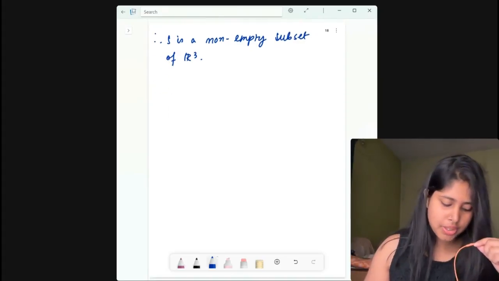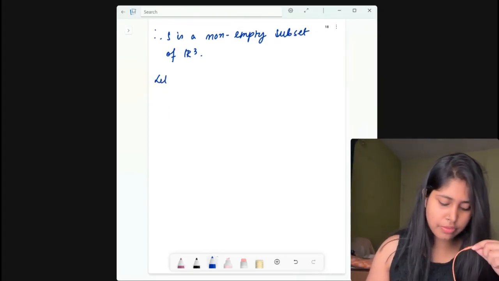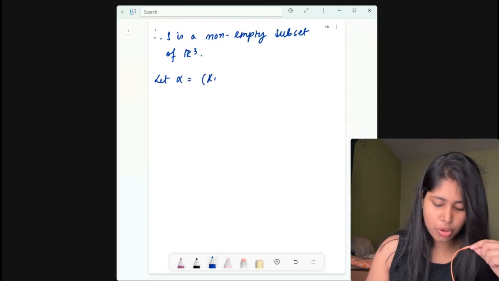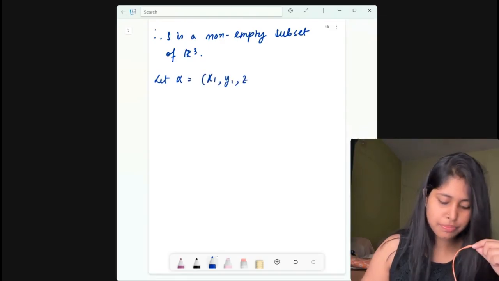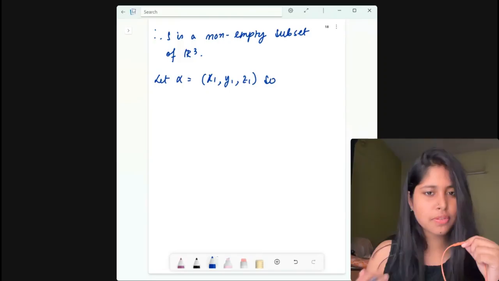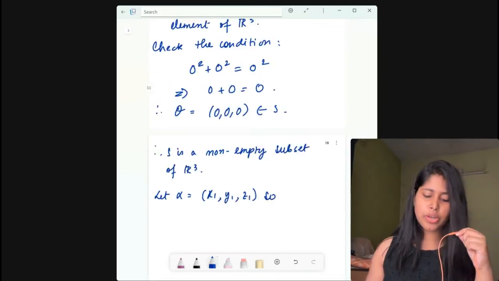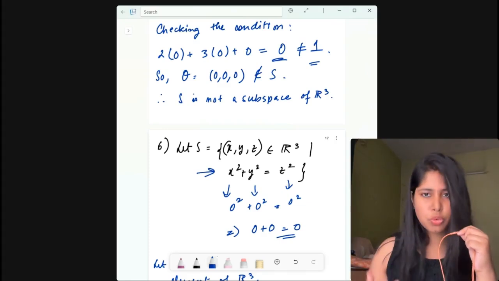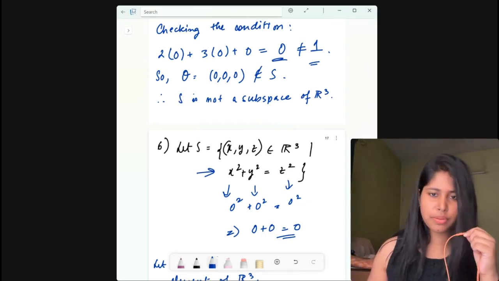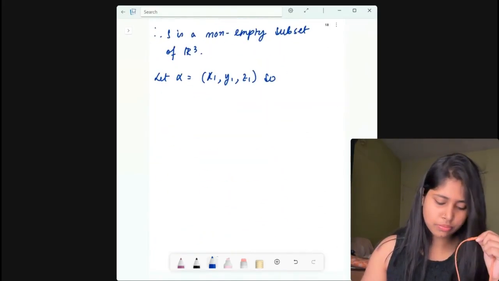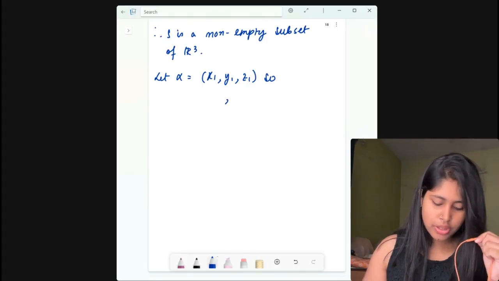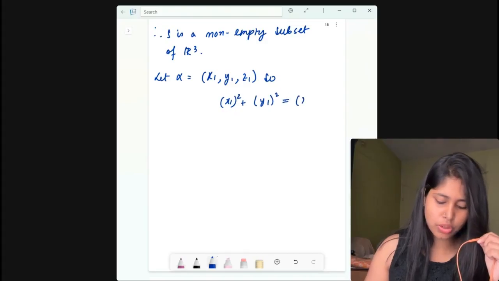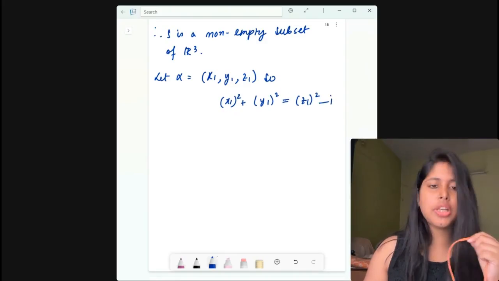Let alpha equal (x1, y1, z1), and we will define this condition the same way as it is given here: x1 square plus y1 square is equal to z1 square, and this is our condition number 1.